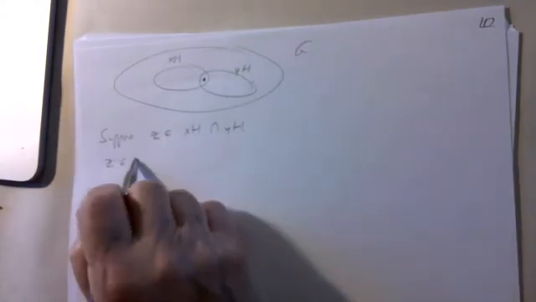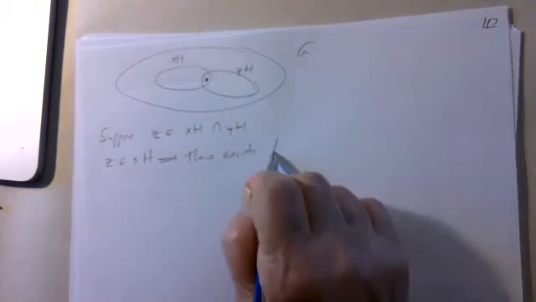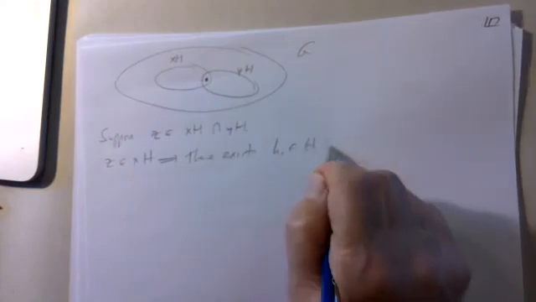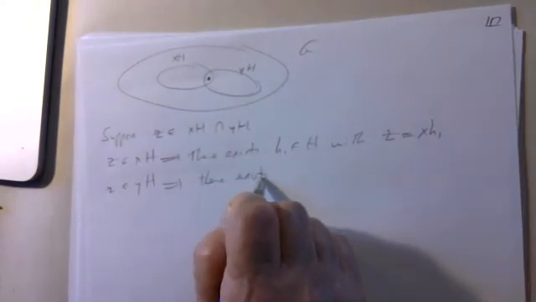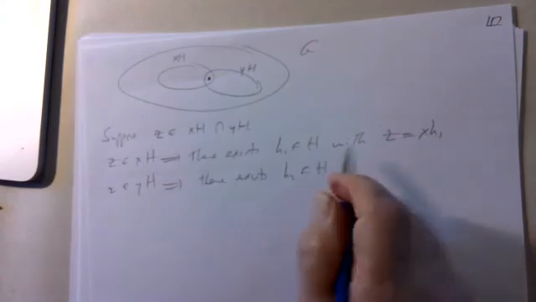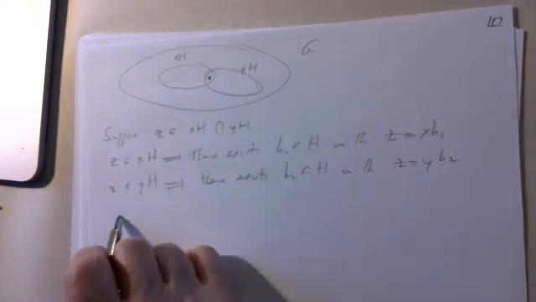So because z is in xH, that means that there exists an element h1 in H with z equal to xh1. And because z is in yH, there exists an element h2 in H with z equal to yh2.